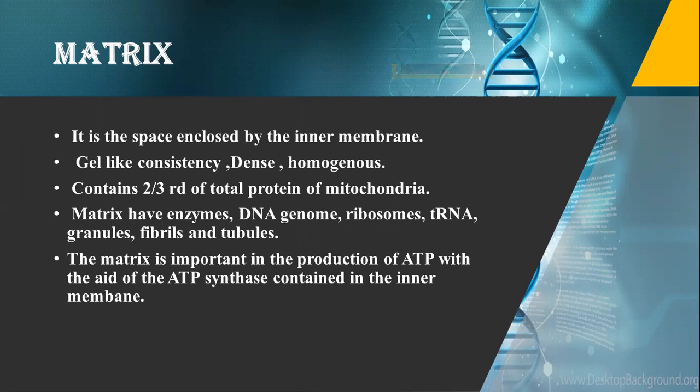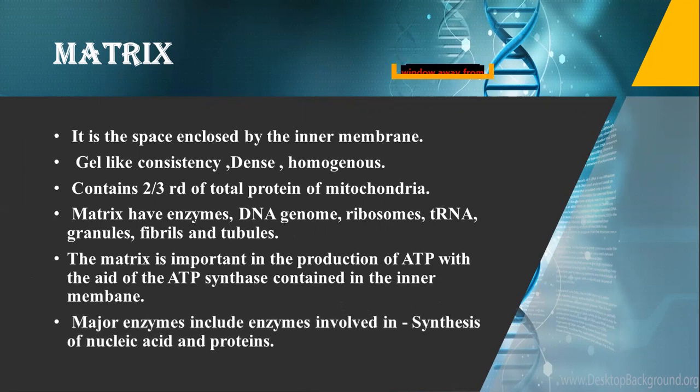The matrix is important in the production of ATP, with the aid of the ATP synthase contained in the inner membrane. Among the functions of the matrix, major enzymes include enzymes involved in synthesis of nucleic acids and proteins.